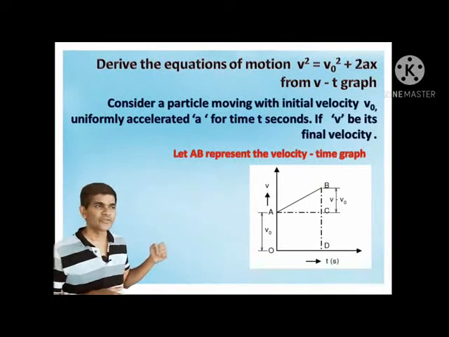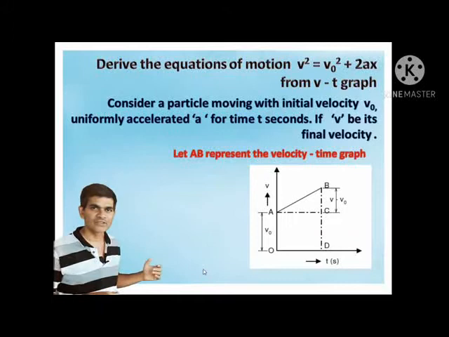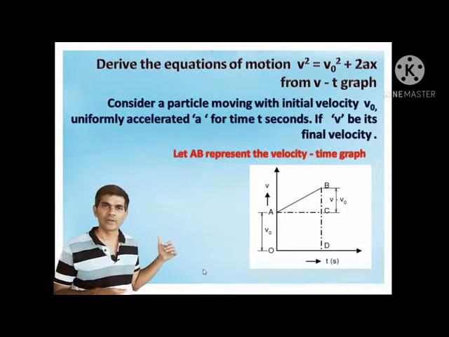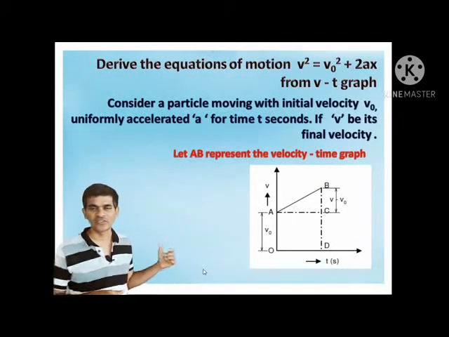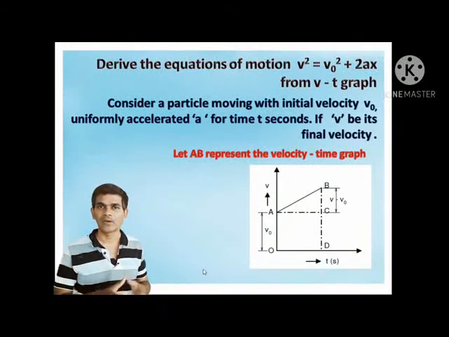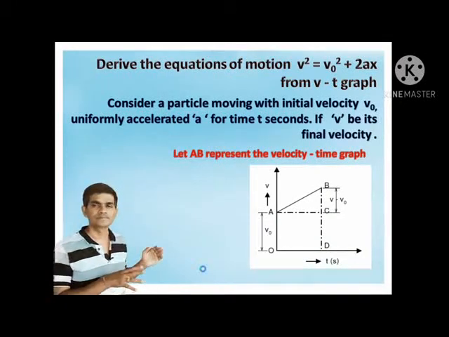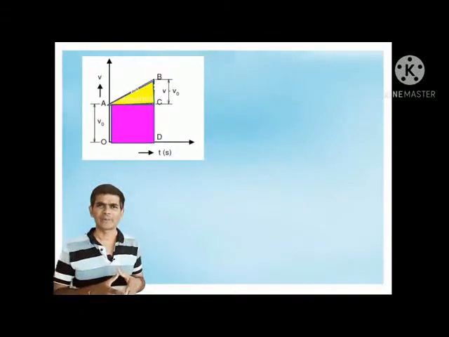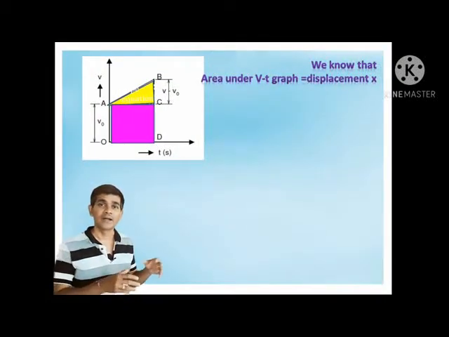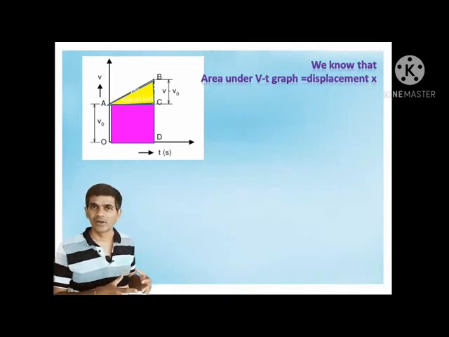Let us draw a velocity time graph for this particular body, in such a way that, as in the figure, we take velocity along the y-axis and time along the x-axis. Since it is uniformly accelerated, we get a straight line. The line AB represents the velocity time graph for this particular moving body. Now, using this velocity time graph, we know that the displacement x is equal to the area under graph AB.